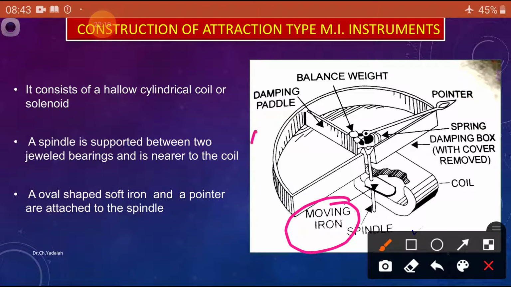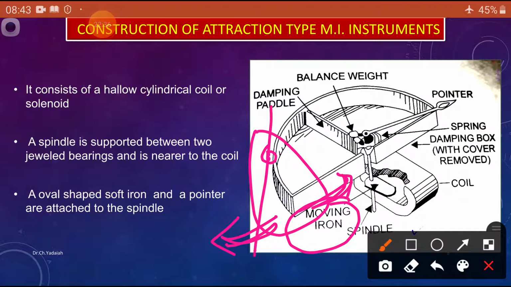Oval shape means this is the oval shape, not circular. It is pivoted here, attached to the spindle. Then it will easily move in this direction and this direction. That is the purpose of the oval shaped iron piece. And this is attached to the spindle. And at the top and bottom we provide the springs, the controlling torque.